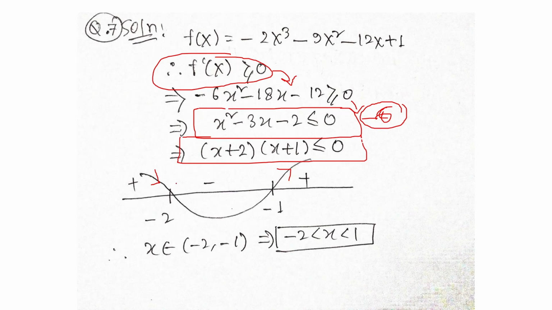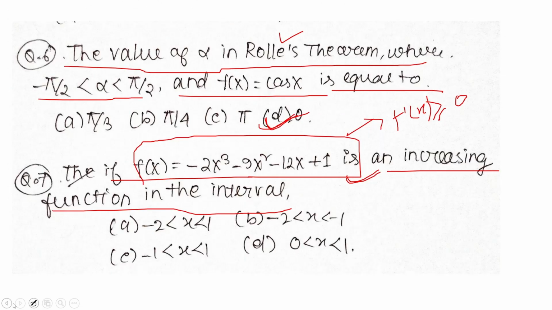So how do the values lie? It lies in between minus 2 and minus 1. This is a very straightforward and easy equation. Yeah, this is the correct answer.